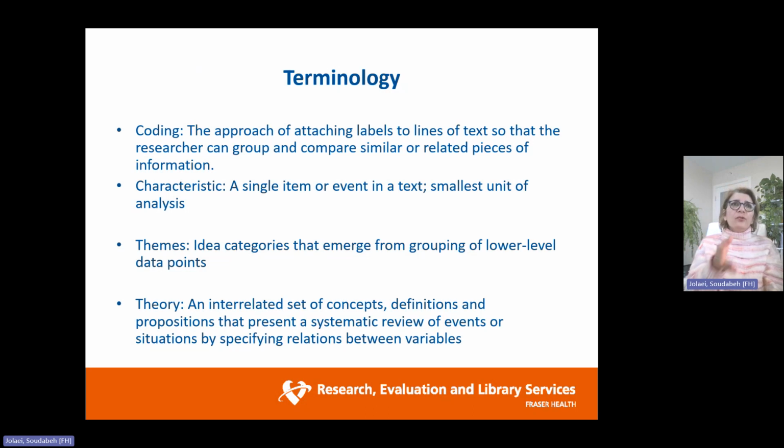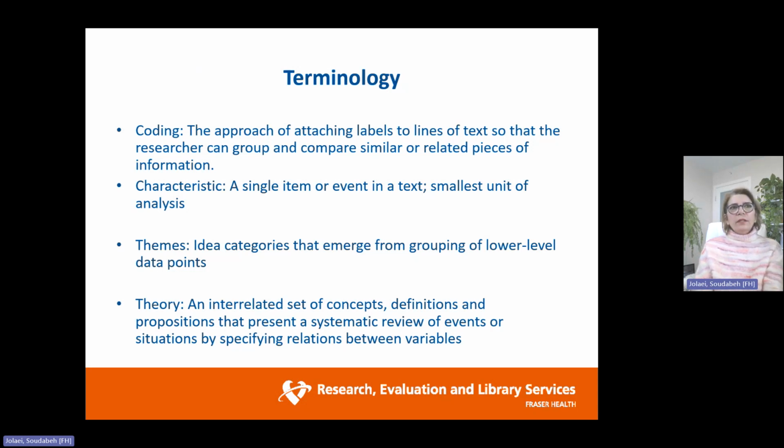So there is some terminology in qualitative analysis, like coding. Coding is the approach of attaching labels to lines of text so that the researcher can group and compare similar or related pieces of information. A characteristic is a single item or event in a text, the smallest unit of analysis.